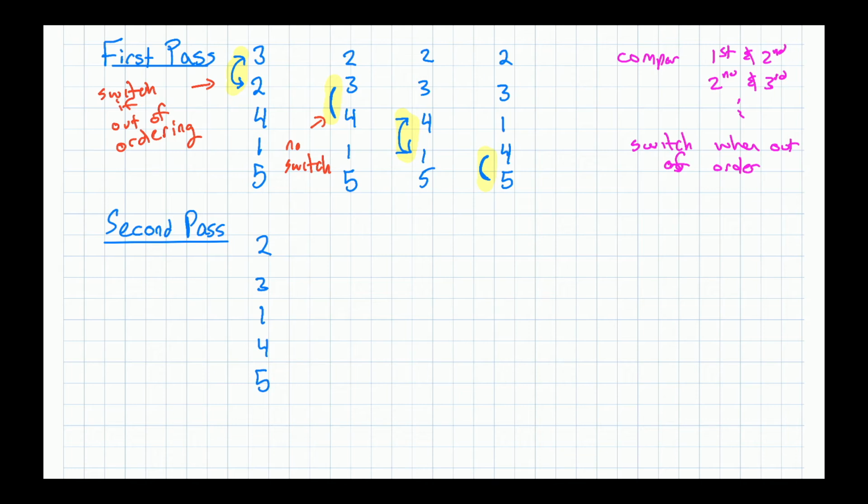But here's the thing. At this point, you've looked at every single element in the list, and we always moved the one that was bigger to the end. So after you do all the first pass, the number in the last spot is guaranteed to be correct. Nothing else is, but the 5's got to be correct.